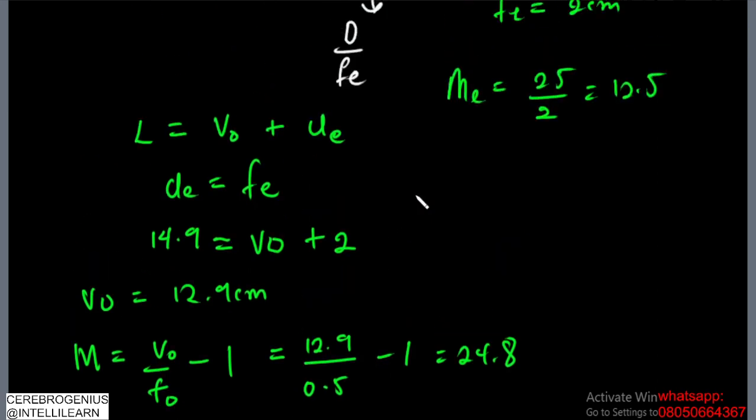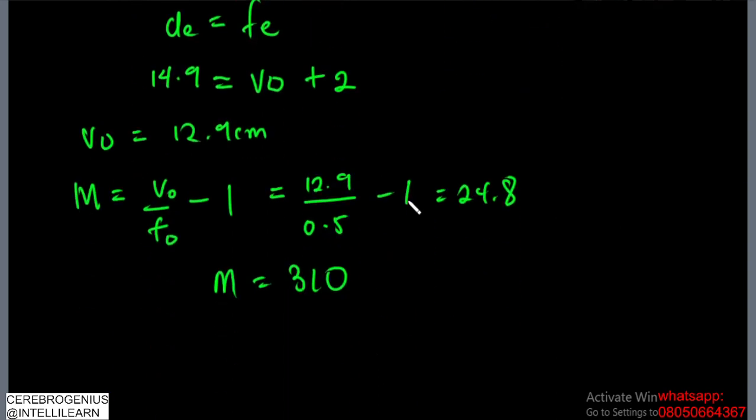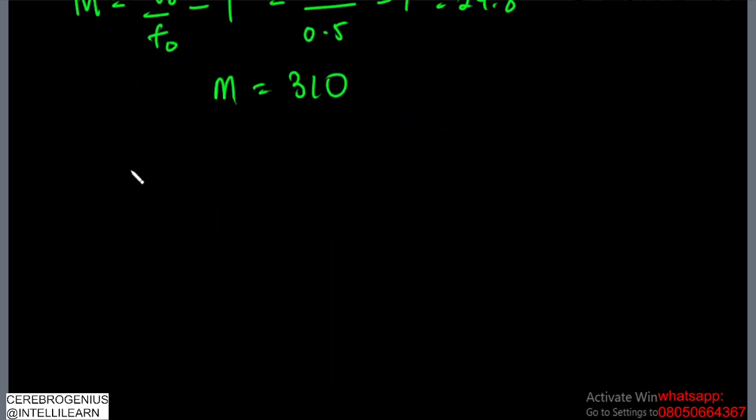Now what about when the eye is stressed? When the eye is stressed, you know that the final distance of the image from the eyepiece, ve, is going to be 25 centimeter, right? And the magnification of the eyepiece will be D over f plus 1, right?